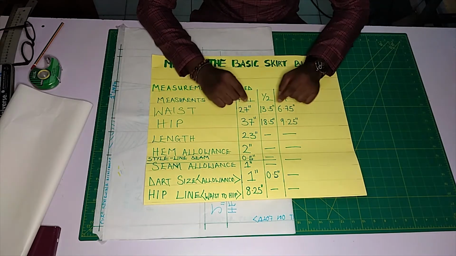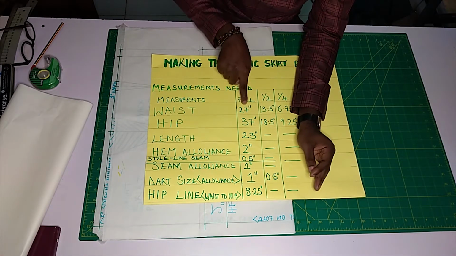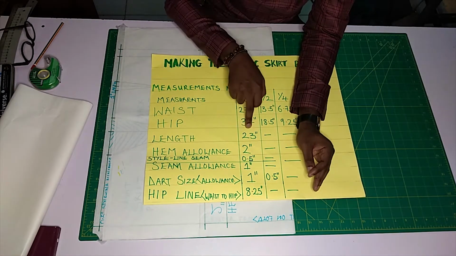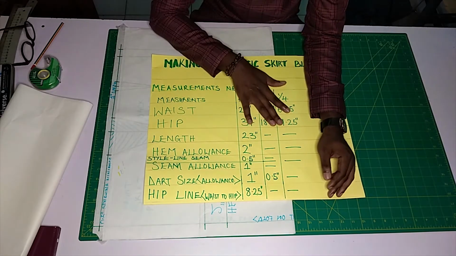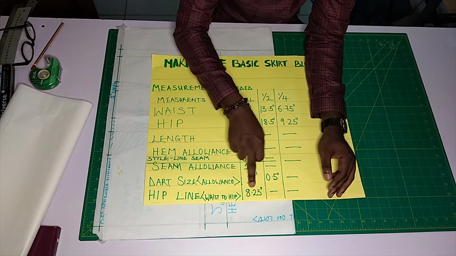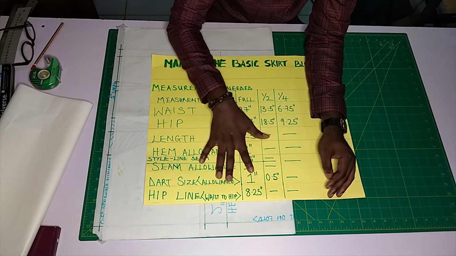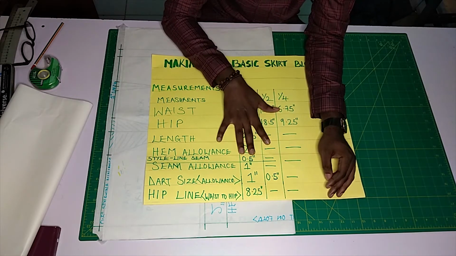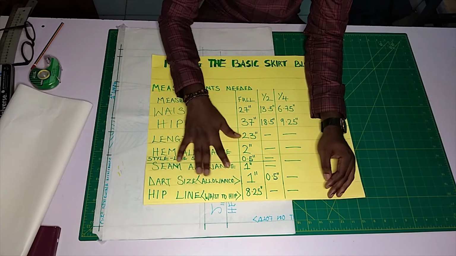So you can go ahead and put in your measurements under this part that says full. If you have a size chart, you can put in your own measurements, but I would advise that you follow my measurements for now, because then you have every input right here. You can just do this verbatim, and for the next pattern that you'll be doing, I would advise you to use your own measurements.